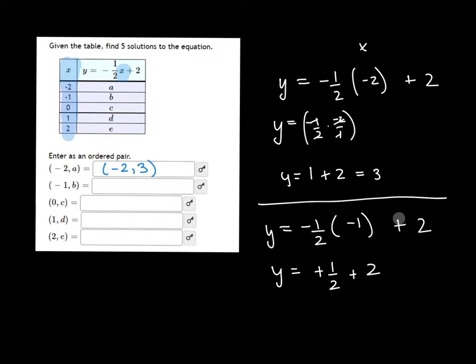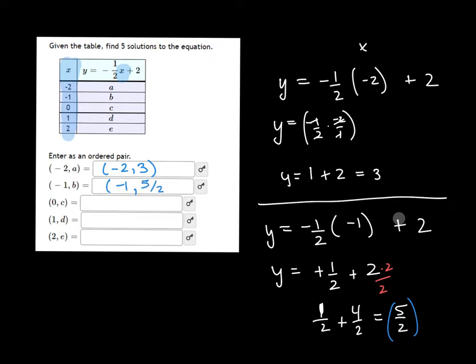I need a common denominator, so I do that by multiplying 2 by 2/2. So that leaves me with 1/2 plus 4/2, or 5/2. So to put that into the equation, again, I need to put my x value, my input, in first. My x value was -1, and my output, my y value, in this case, was equal to 5/2.